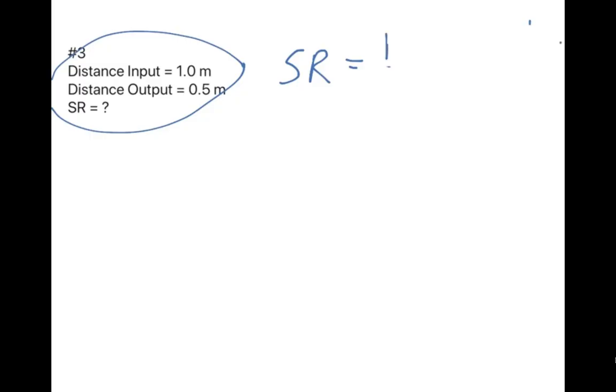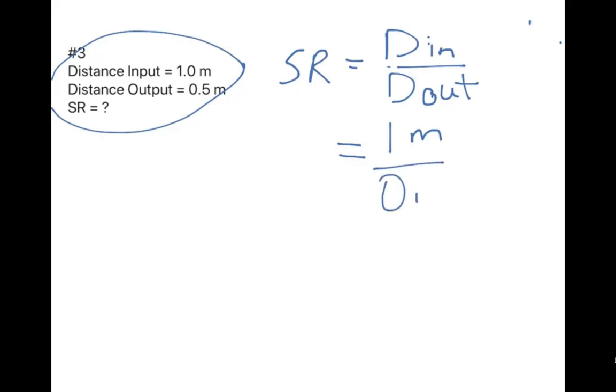So speed ratio is distance in divided by distance out, which equals, careful, there's a decimal there, 1 meter divided by 0.5 meters.